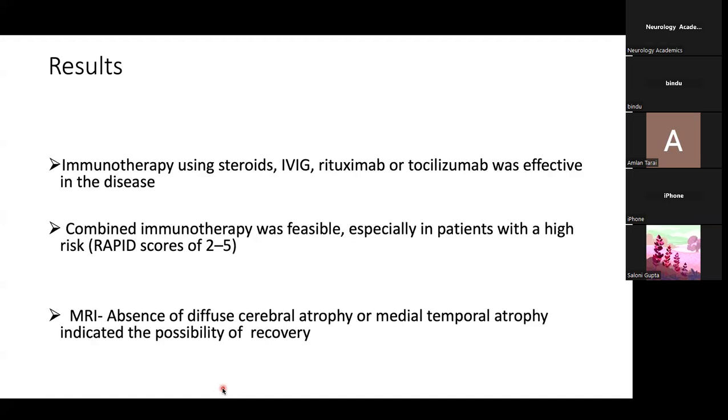The result of the study is that immunotherapy like steroid, IVMP, IVIG, rituximab or tocilizumab was effective in this disease. Combined immunotherapy was feasible, especially in those with a high RAPID score, high risk, that is score 2 to 5. They also showed that absence of diffuse cerebral atrophy or mesial temporal atrophy on MRI indicates a possibility of recovery.